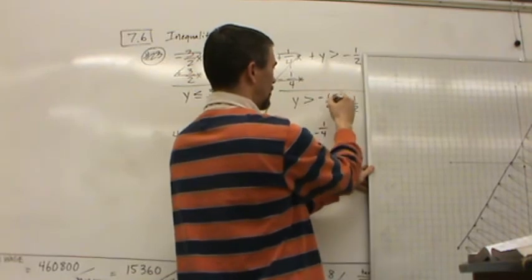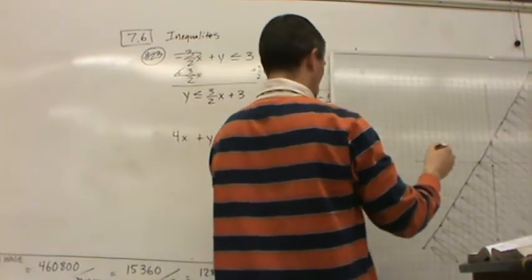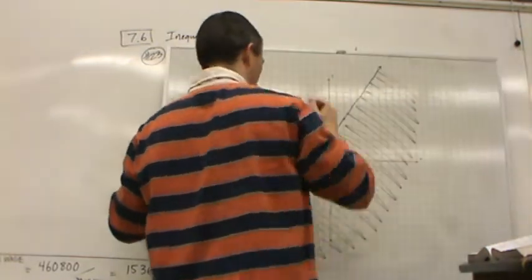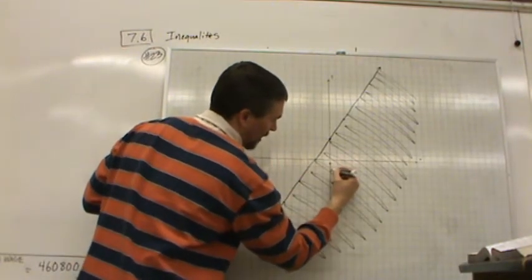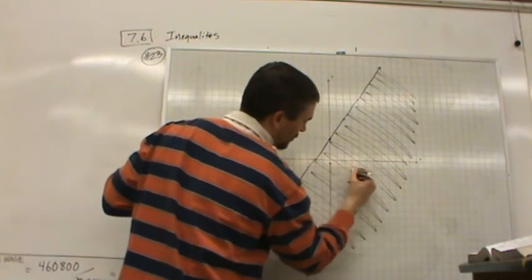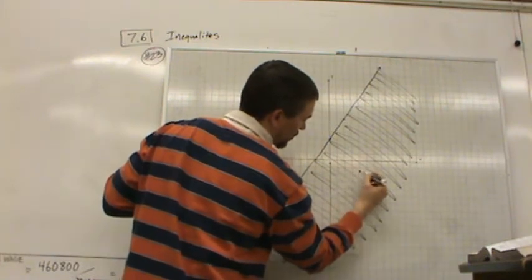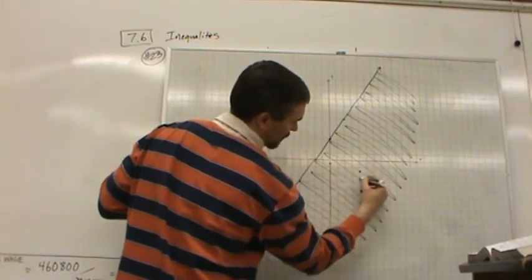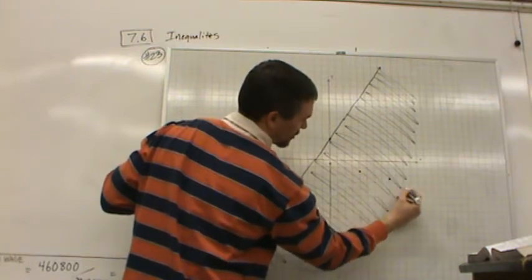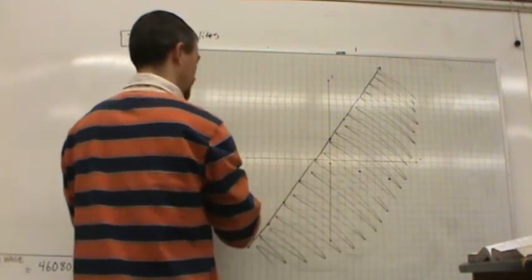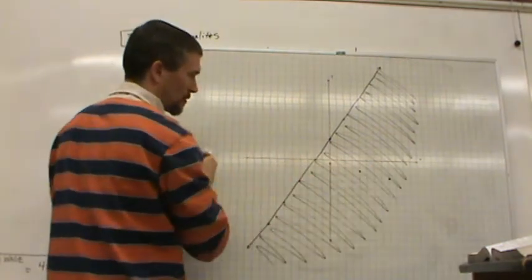So rise a -1, run +4. Rise a -1 from here, gets us right there, and run a +4. 1, 2, 3, 4. So from there we would do it again, rise a -1 and run +4. And so we get a line passing through those dots.